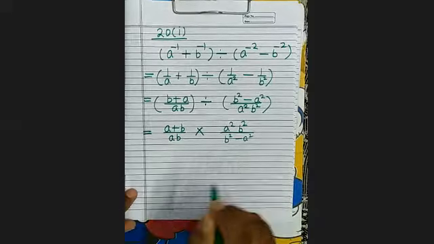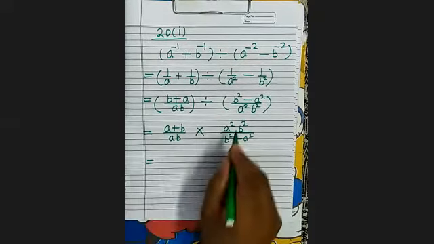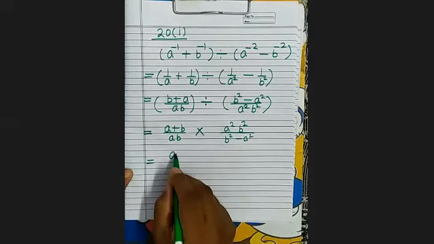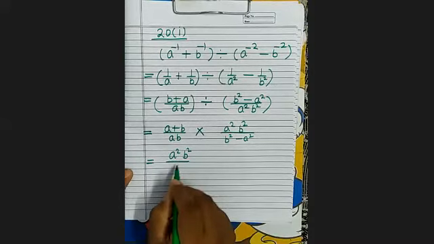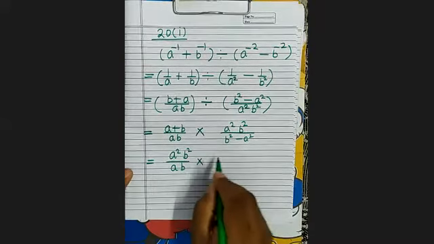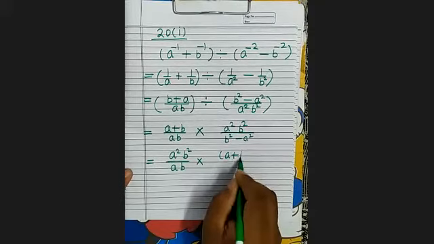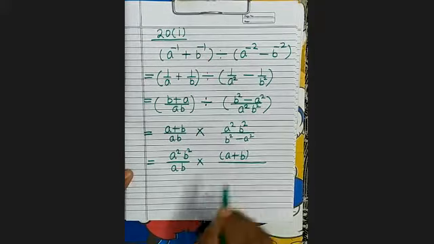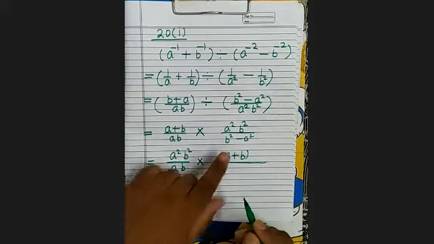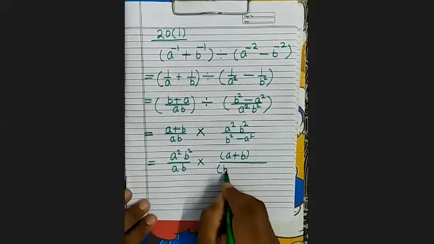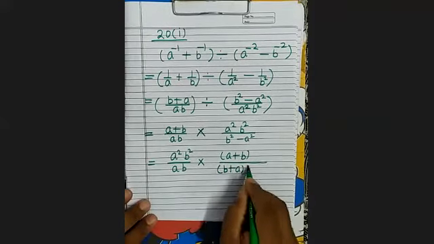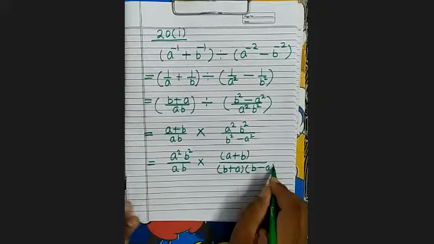You can see here, rearrange the terms: a square b square upon ab into a plus b. You factorize b square minus a square as b plus a into b minus a.